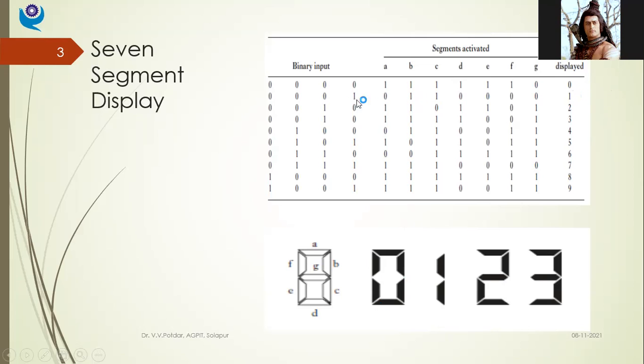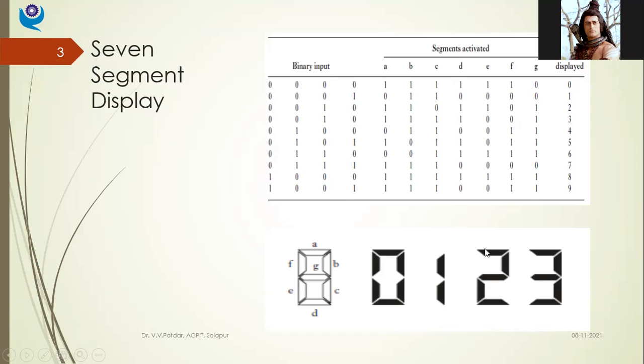Likewise, for 1, what is the binary equivalent? 0, 0, 0, 1. This we already saw in the earlier classes, all right, conversions, decimal to binary, binary to decimal. So for displaying 1, what is required? B and C should be energized and the remaining should be 0 or off. So B and C will be energized and the remaining are off, so that 1 is displayed.